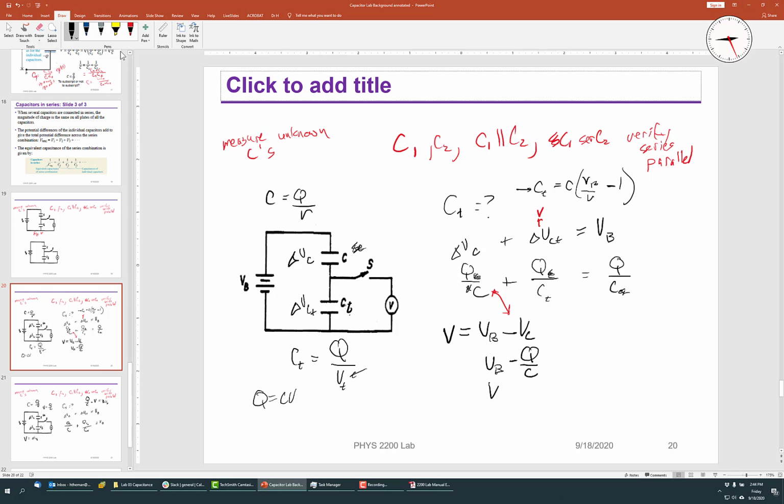I'm going to choose to use the minus CT times V. And so now all of these things are things that I know or can measure, except one, the CT here.